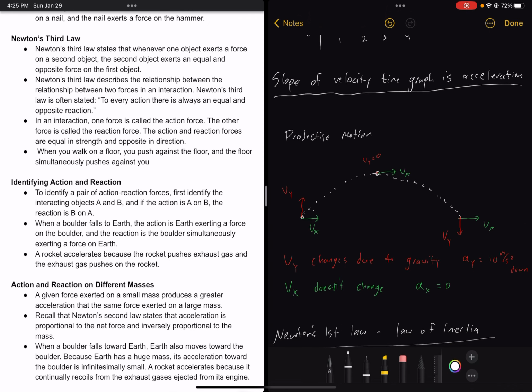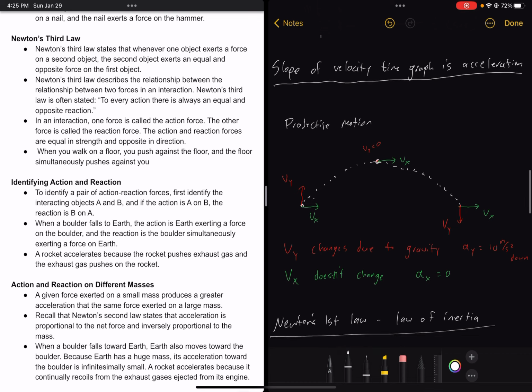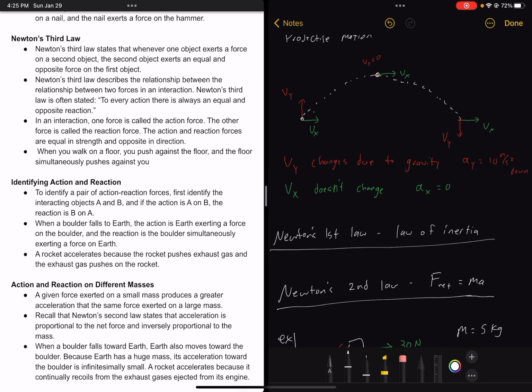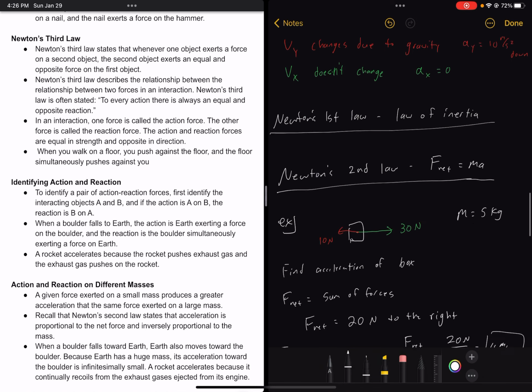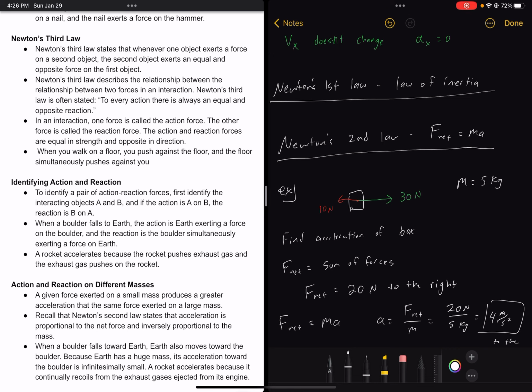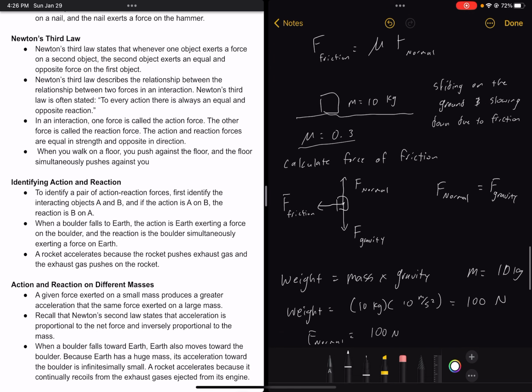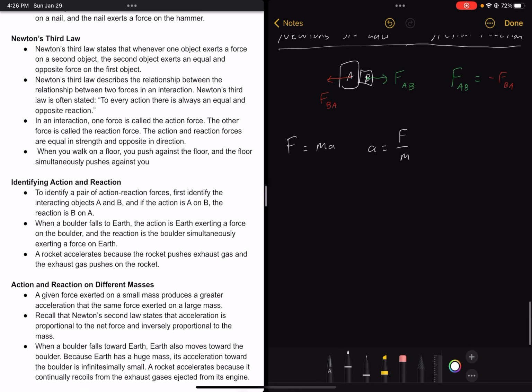For projectile motion, understanding that it's a combination of constant velocity, horizontal motion, right? So you have some horizontal motion that doesn't change, but then you have this vertical motion that is changing because of gravity, right? And then when you look at it, it comes out to look like a parabola. And then for Newton's laws, we have the first law, second law, third law, and then we had some examples, right?